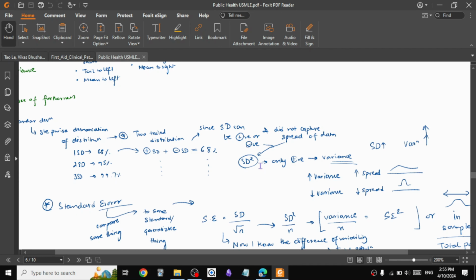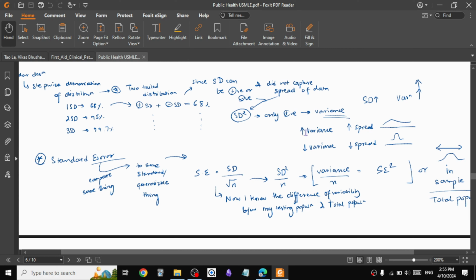Once we have variance, if variance increases, you have greater spread, and if you have low variance, you have low spread. We try to minimize variance in terms of the robustness of the data or what the clinical significance of the data actually is.